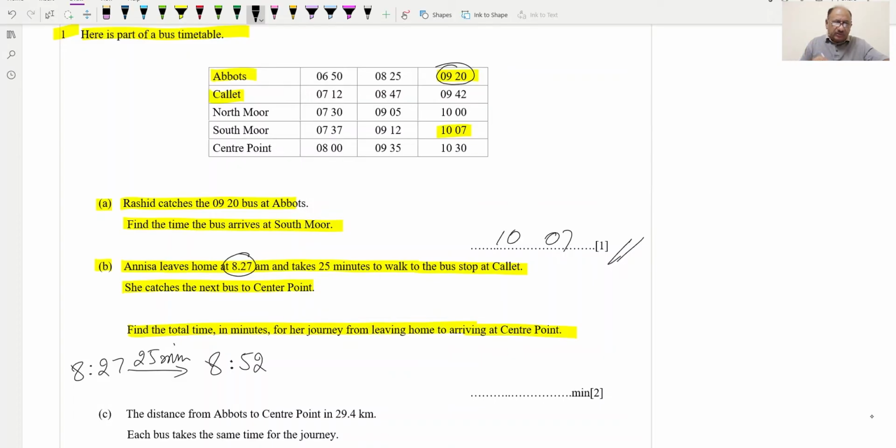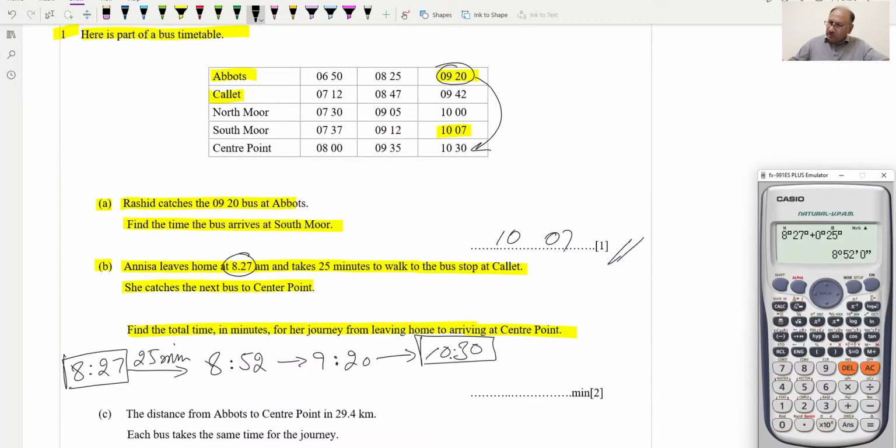So she will be catching the 9:20 bus. At 9:20 she will catch the bus and reach the center point, which is this one, at 10:30. So she will be reaching at 10:30. This will be the reaching time. Now we'll have to check the total difference between these two times. So 10:30 minus 8:27.